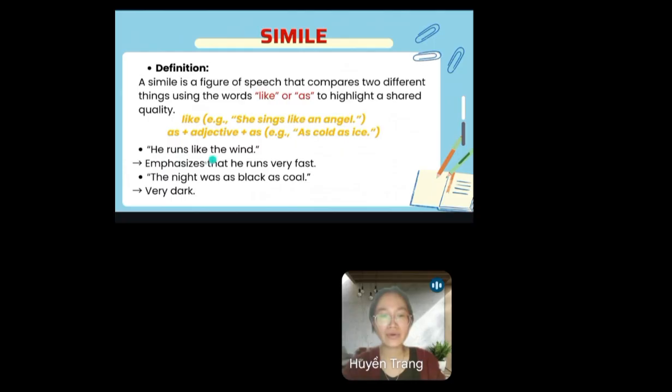For example, he runs like the wind. It suggests that he runs extremely fast because the wind moves quickly and smoothly. Another example is the night was as black as coal, which compares the darkness of the night to coal, which is known for its deep black color. Clearly, similes help us visualize things more easily.